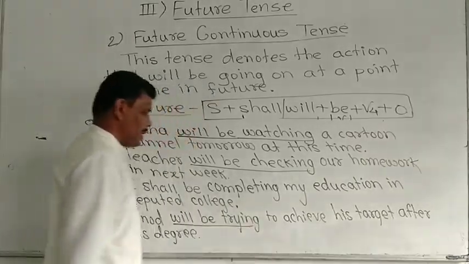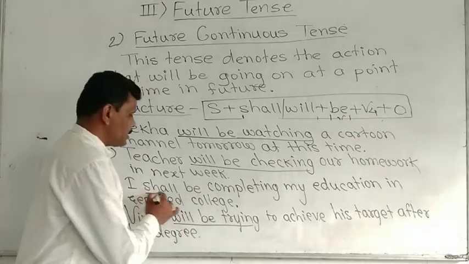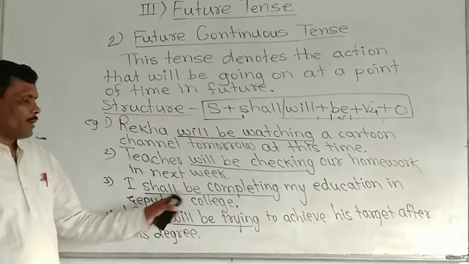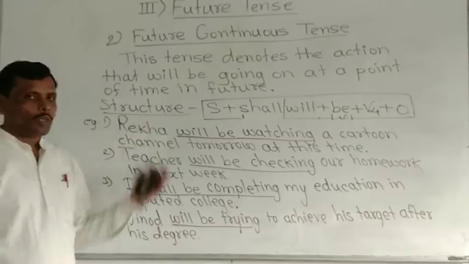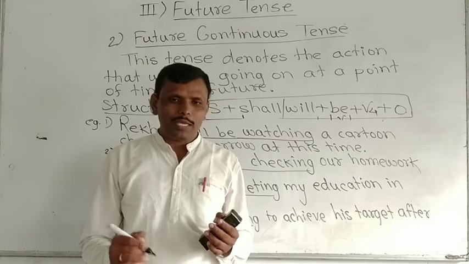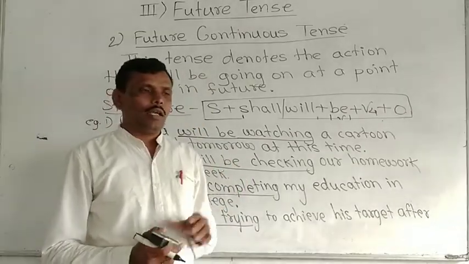Here will plus be plus V4 shows future continuous tense. Shall plus be plus V4 shows future continuous action. Okay, we can make such type of examples to practice English sentences.